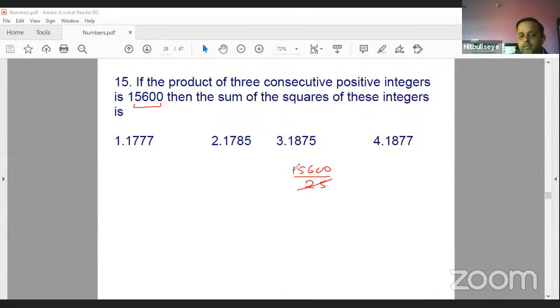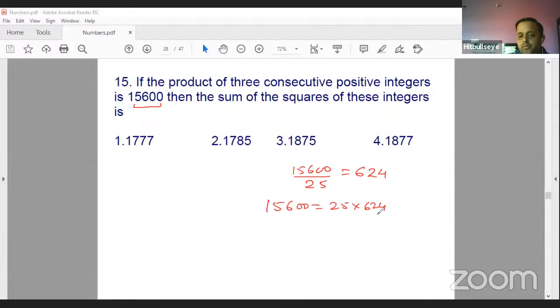And if I divide it by 25, the quotient that I will get is 624. And that means 15,600 can be written as 25 into 624.